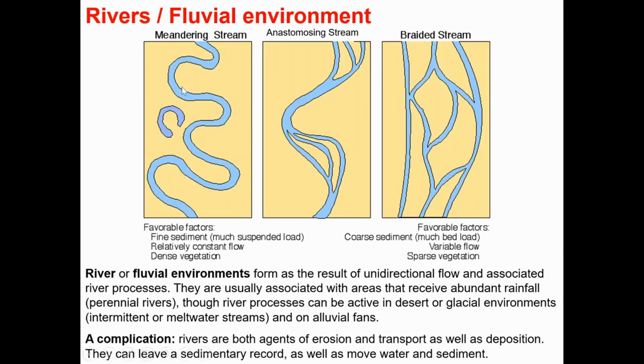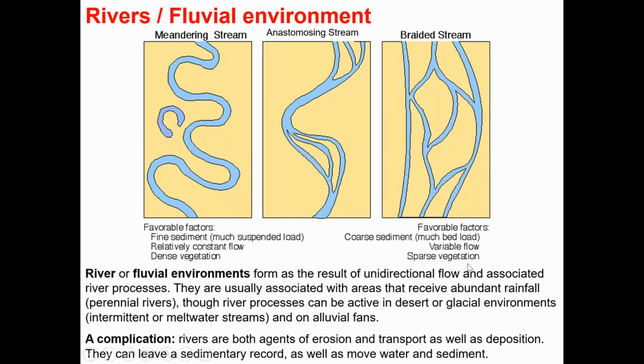So the channel stability is relatively high, and the flow velocity, compared to braided rivers, is relatively low. The channel deposit is usually fine sediments, with relatively constant flow and dense vegetation because of the stable land, so that develops soil as well.